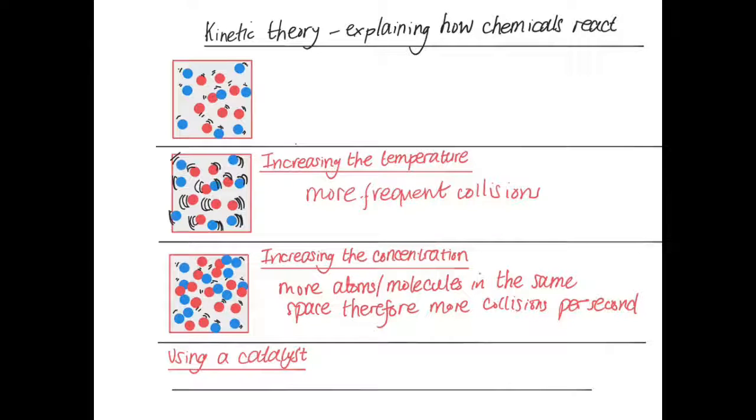If we use a catalyst, which is the last one, what we say in chemistry is it decreases the activation energy. Now, you don't need to worry about what the activation energy is for the moment. If you can just accept that there's a thing called an activation energy, and a catalyst decreases that, it means there are more successful collisions.